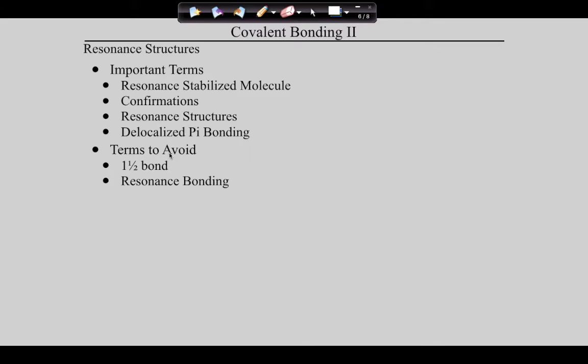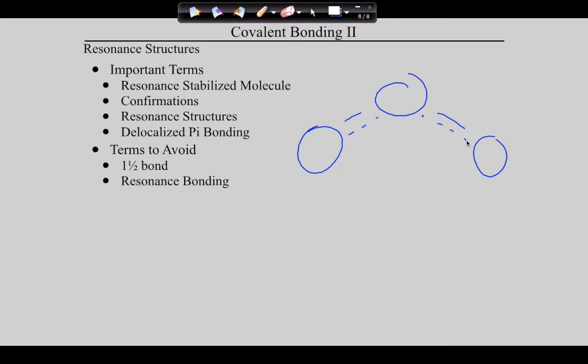Again, don't draw this, but these bonds that we represent like this, these are delocalized pi bonds. We're going to talk more about that when we look at another example in just a moment. But these are the terms to use. Do not call this resonance bonding. This is delocalized pi bonding, and these are not 1.5 bonds. And this is what's called a resonance structure or a conformation, and ozone is a resonance stabilized molecule. Is that okay? You get the idea?